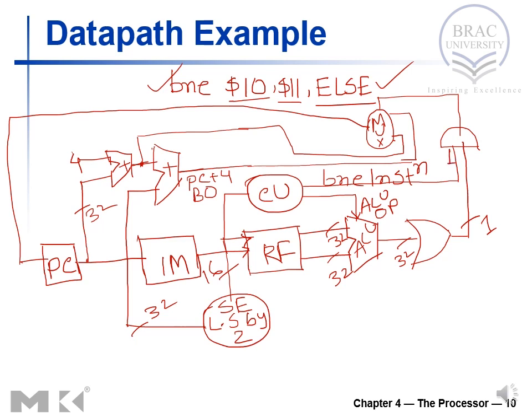So, this link carries PC plus 4, and this link, as I already have said, carries PC plus 4 plus branch offset.